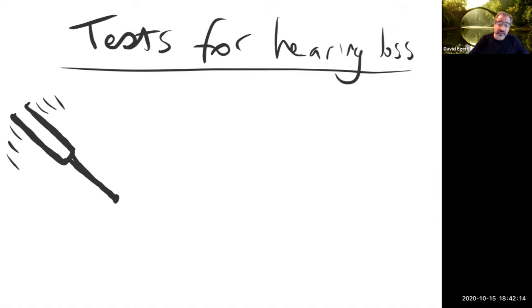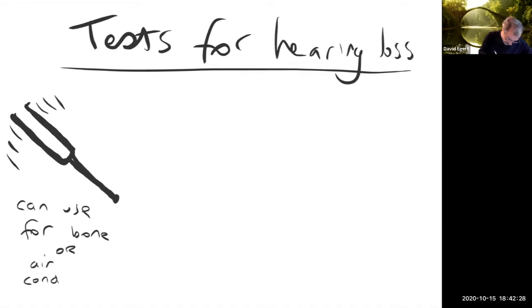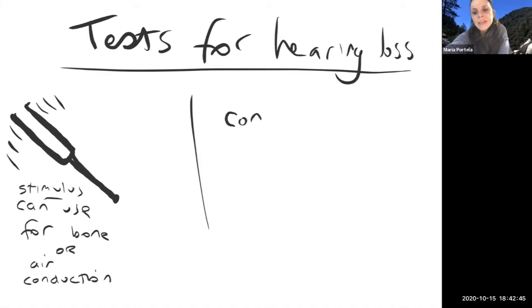And these tests are going to help us look at the two kinds of deafnesses as well. So this I can use for bone or air conduction. This is my stimulus. And what are the two kinds of hearing loss that we've been talking about? Conduction deafness and sensorineural deafness.